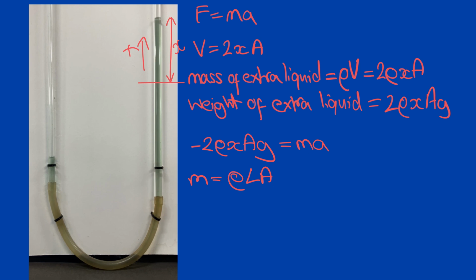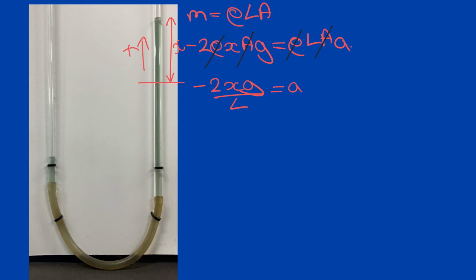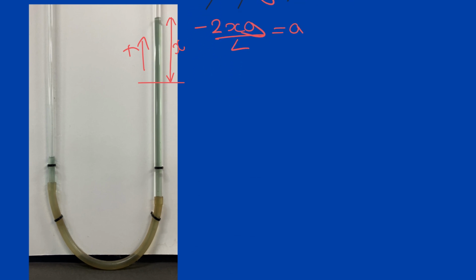We can now see that a few things cancel. The ρ cancels, the A cancels, and if I now divide both sides by L, that will give me that the acceleration is equal to minus 2xg over L. Let me move that up, and then let me write it in a slightly easier form of a equals minus 2g over L times x.